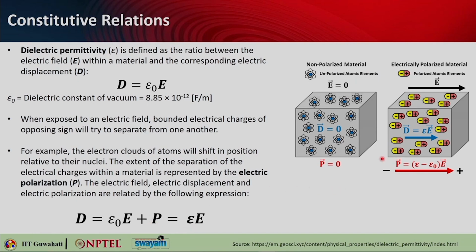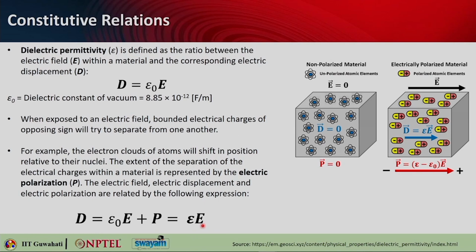P can be written as epsilon minus epsilon naught times E. What is epsilon? That is the permittivity of the material. Epsilon naught is vacuum permittivity. When you add these two up, you get D proportional to epsilon E in a particular matter.